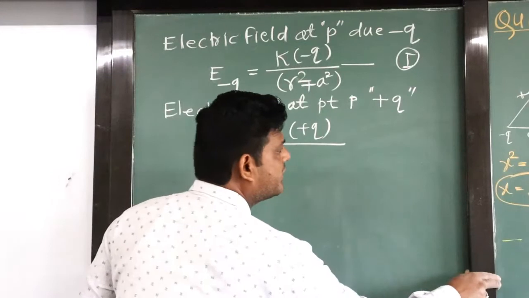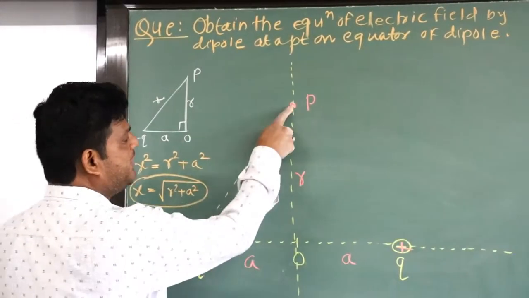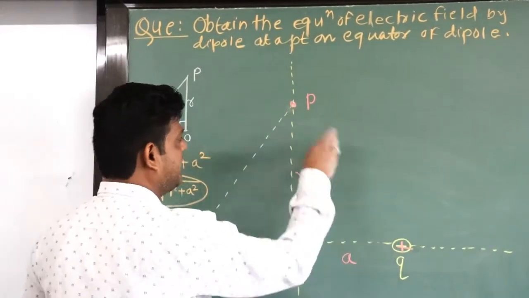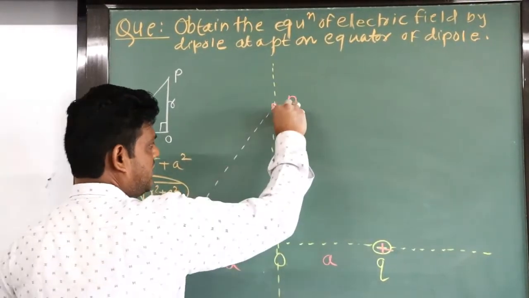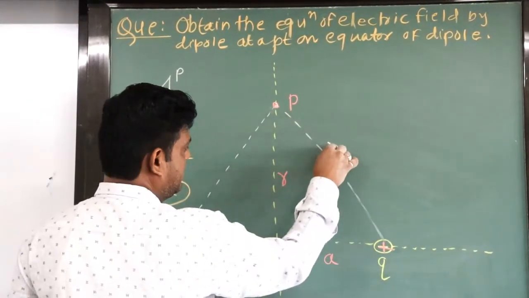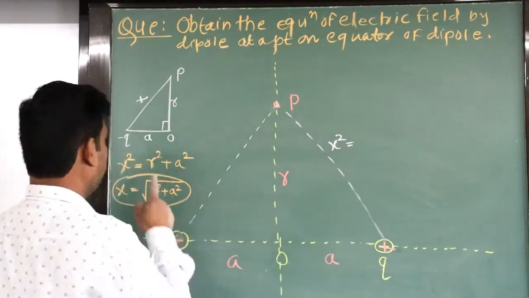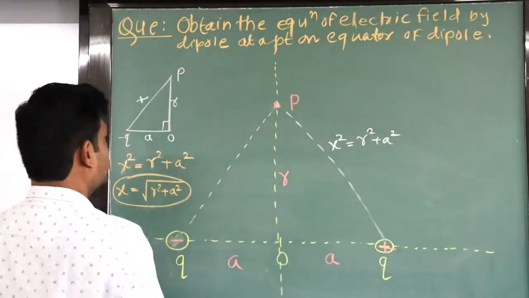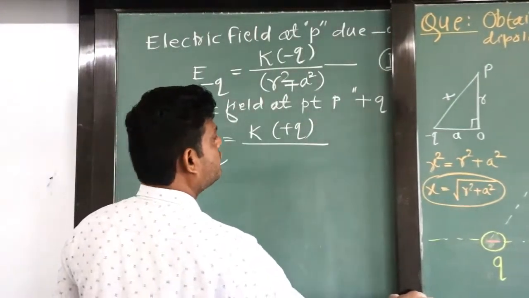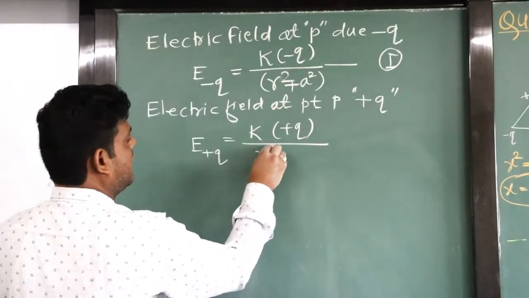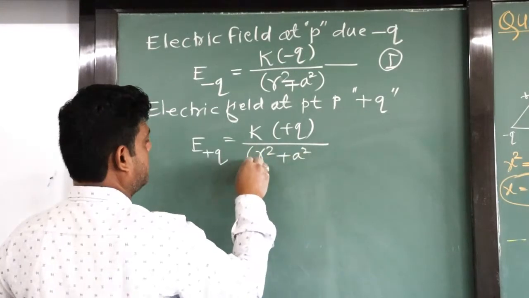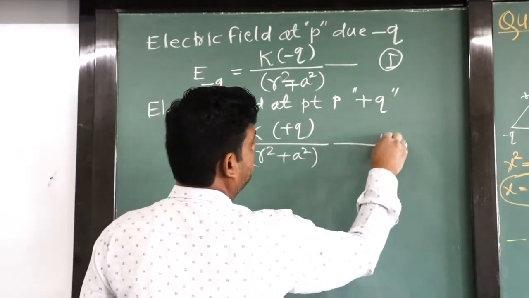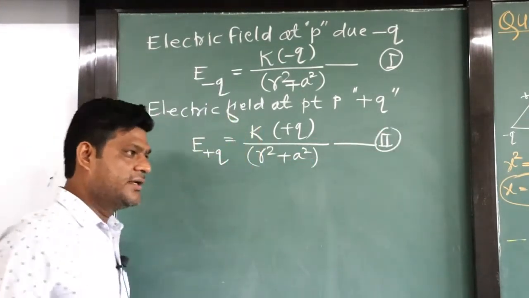Again, see the diagram. The distance of point P from the plus q will be the same, so x square equals r square plus a square. Putting this value over here, we get r square plus a square. This is equation number 2.